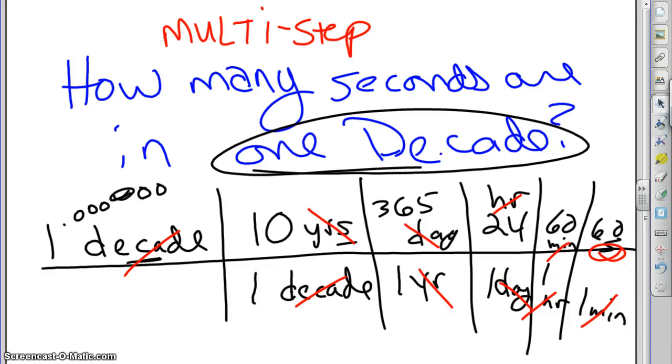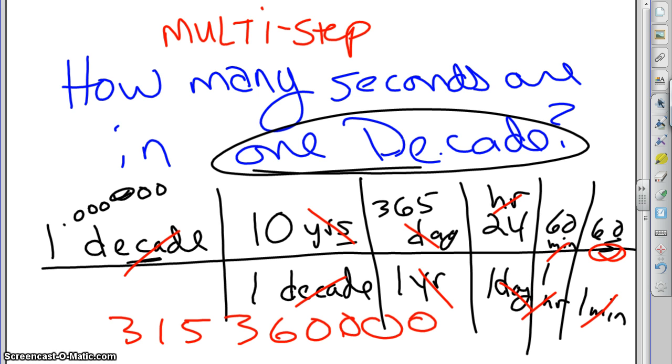So we're going to take 1 decade times 10 years times 365 days times 24 hours times 60 minutes times 60 seconds, and I get a rather large number, as you would expect, 315360000, and that would be 315,360,000 seconds in a decade.